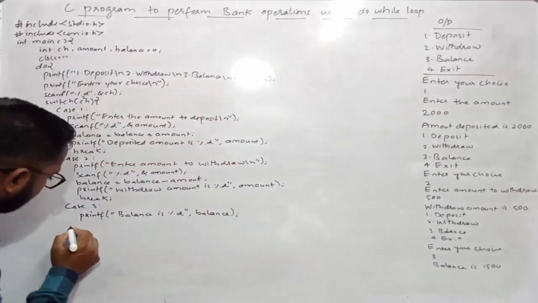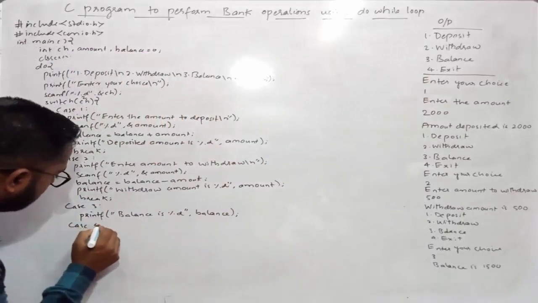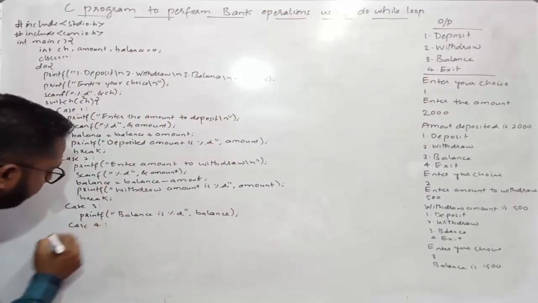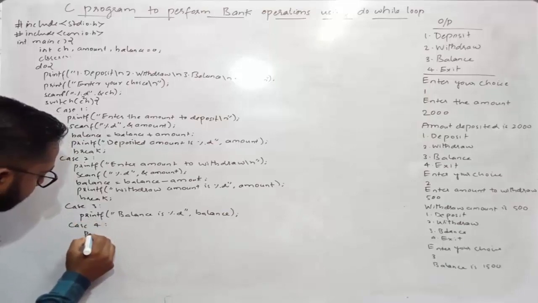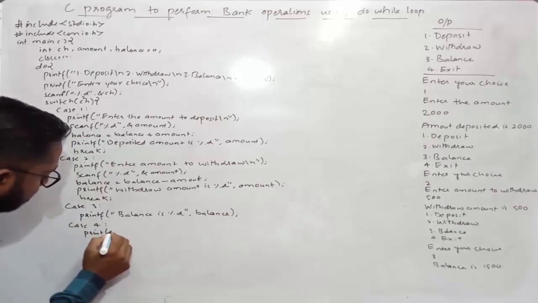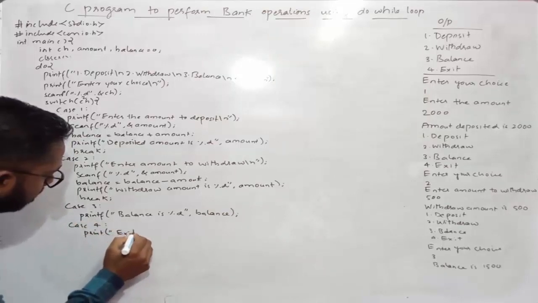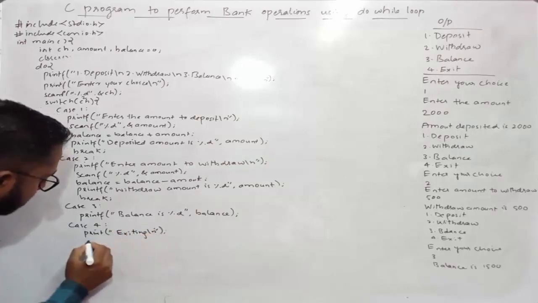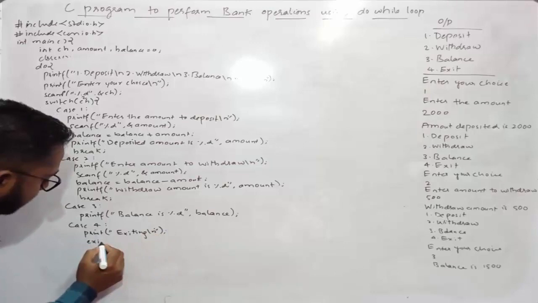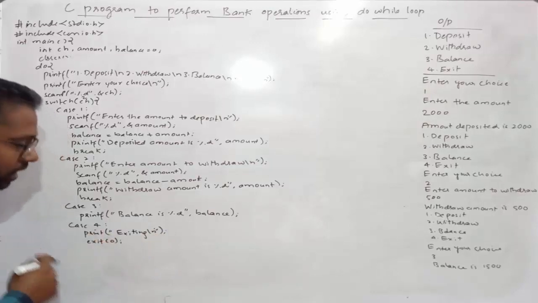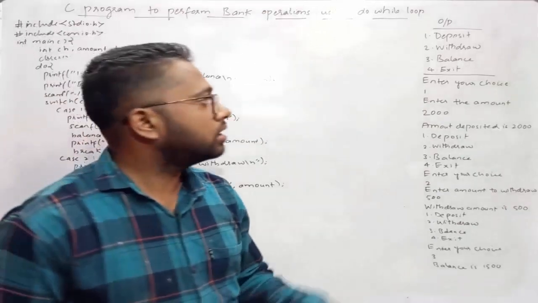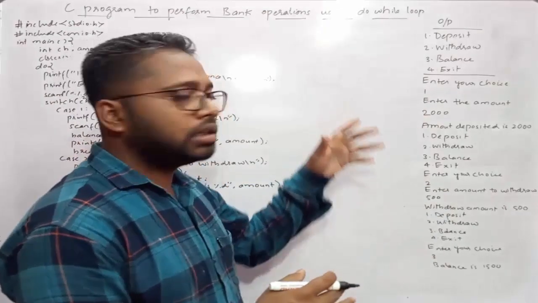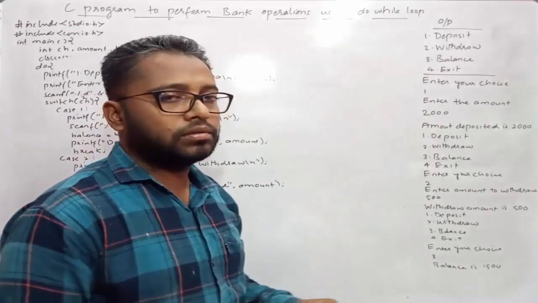Now the user may enter option 4 to exit. That can be done with case 4. Case 4. Printf exiting, and then exit 0. What if the user enters any number other than 1, 2, 3, 4?